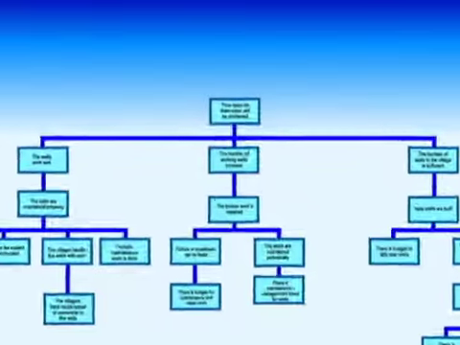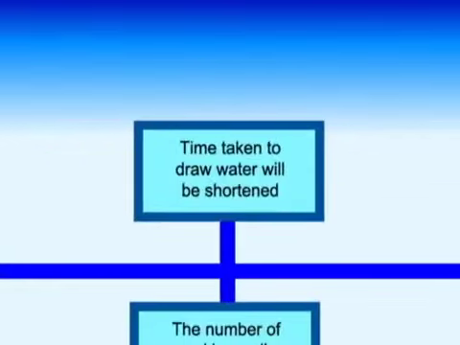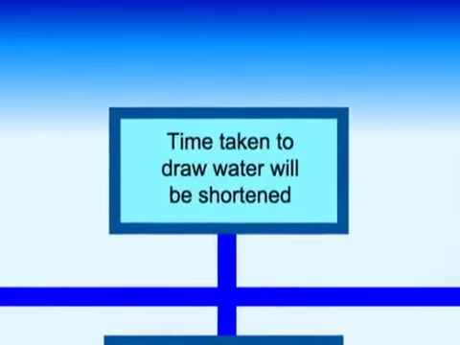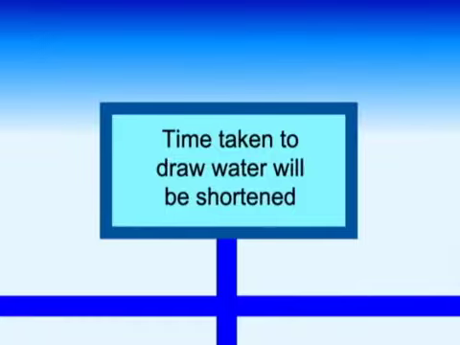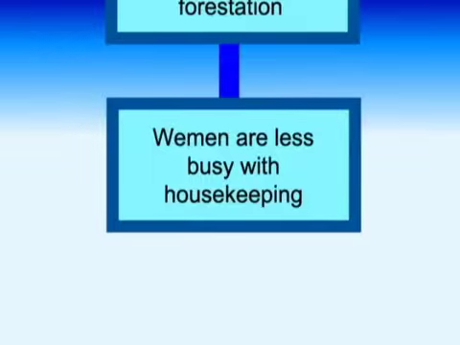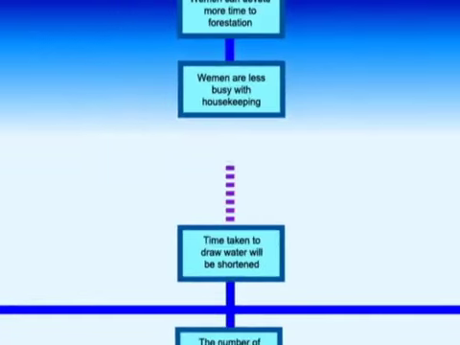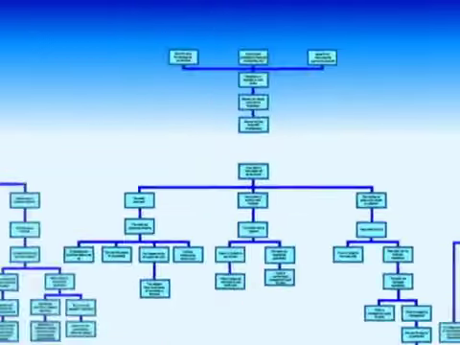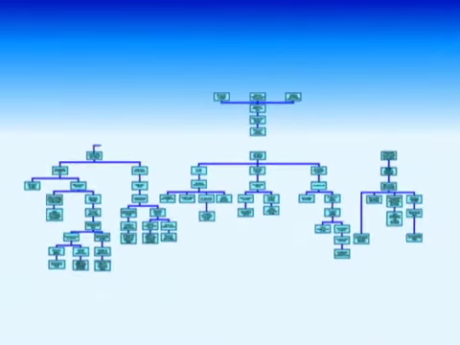Implementing this project achieves the project objective. Time taken to draw water will be shortened. However, the core objective, women are less busy with housekeeping, cannot be achieved unless all the other projects are implemented.